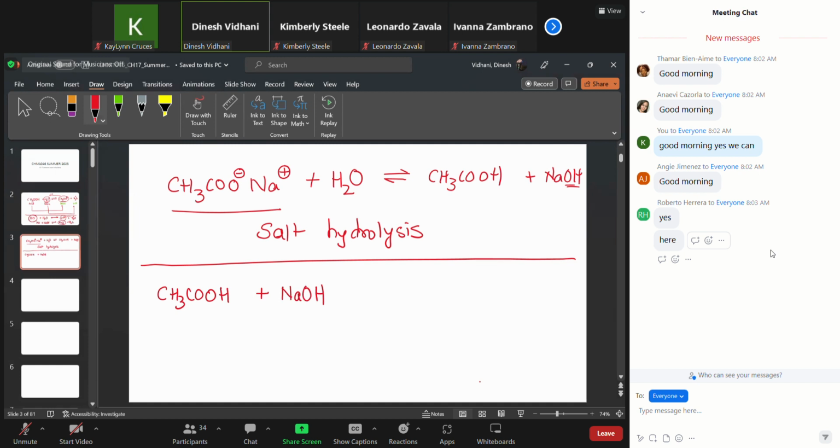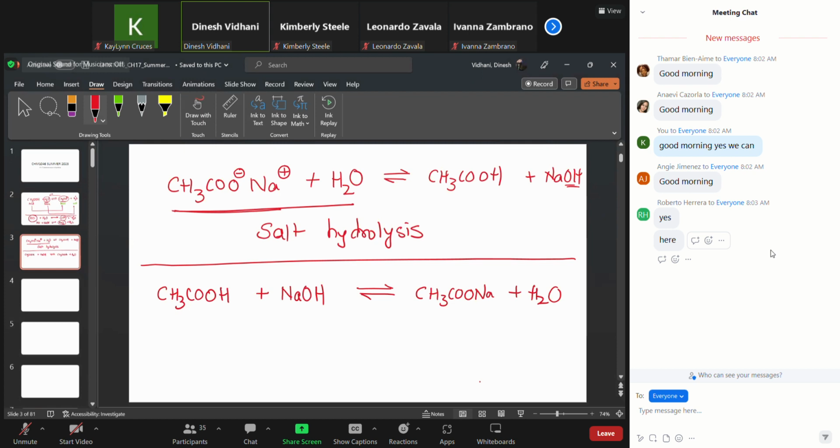Now we know an acid reacts with a base to give you salt and water. So the first thing that you're going to generate is salt and water. This was supposed to happen, right? The interesting thing is that your salt and water can react back to give you your acetic acid. That's the nature of this reaction, right?